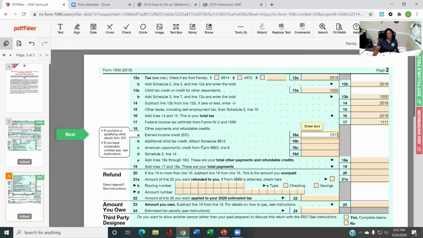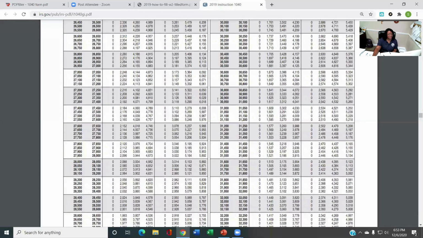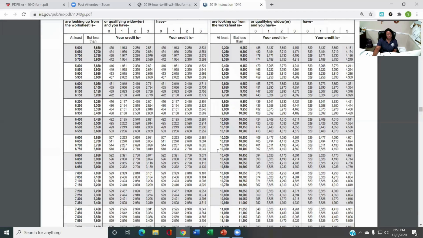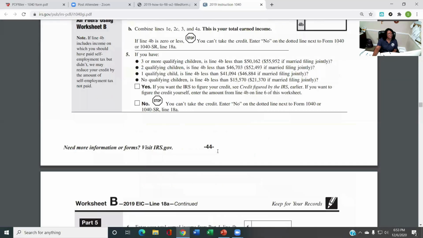Additional child tax credit, which is attached from Schedule 8812. Make sure that we are getting the correct amount. So we're going to go up to the table of contents.